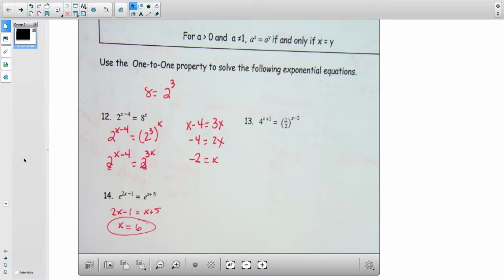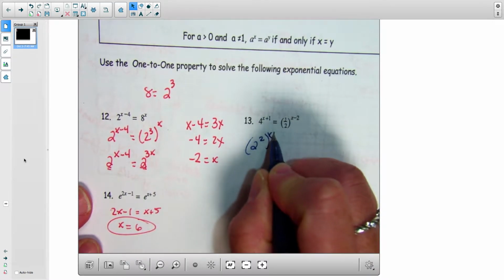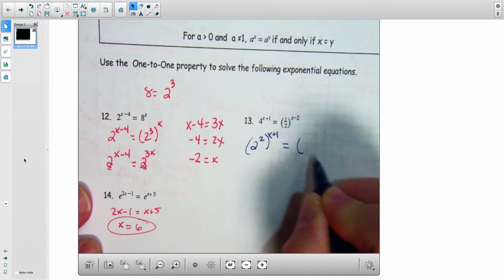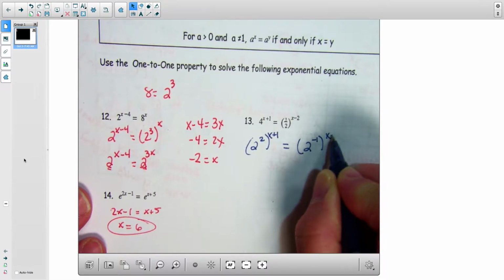All right, so 13. What base are you going to write these as? 2. So 4 is what? 2 squared. And then 1/2 is 2 to the -1.